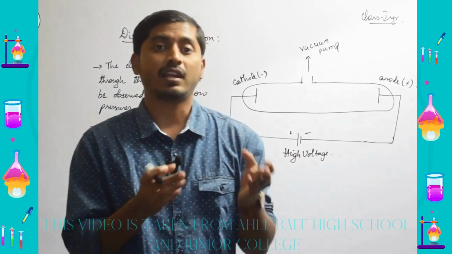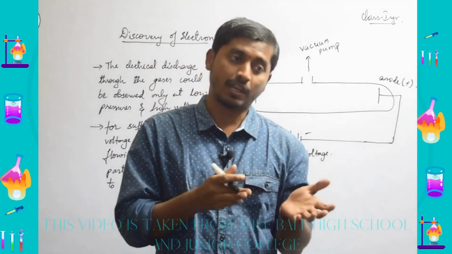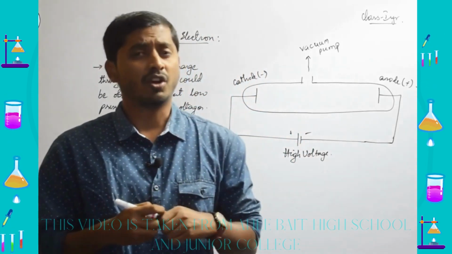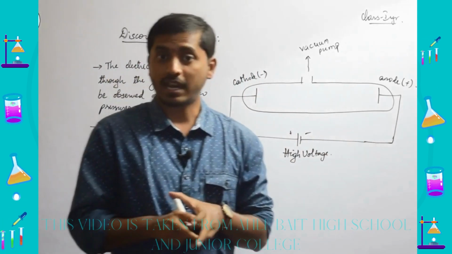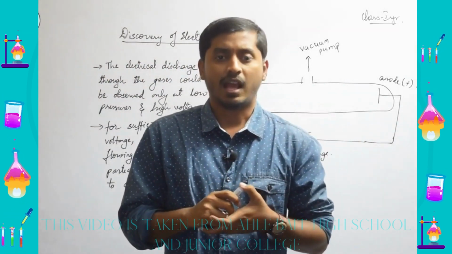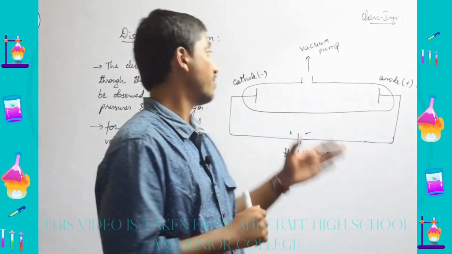Based on that, he gave the law of conservation of mass, and he also told that there are a few more particles in a basic atom. What could those be? Faraday was one of the people who started different experiments on these subatomic particles. Among them, one of the experiments was the discharge tube experiment.